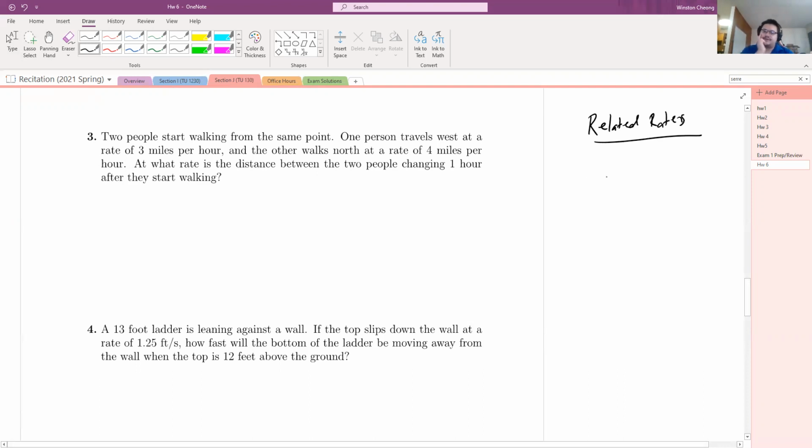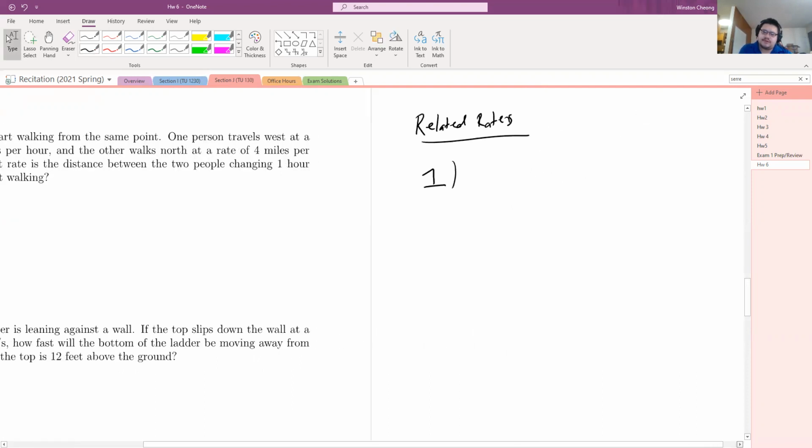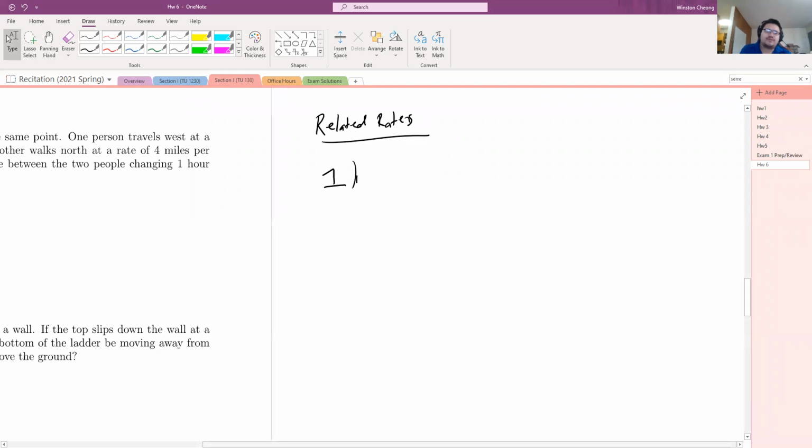So what you do with it is you usually, well, I usually start by drawing a picture, but I'm not going to write that. It's a good idea to draw a picture. And the first thing you want to do with such a problem is get an equation that describes the situation for all time.